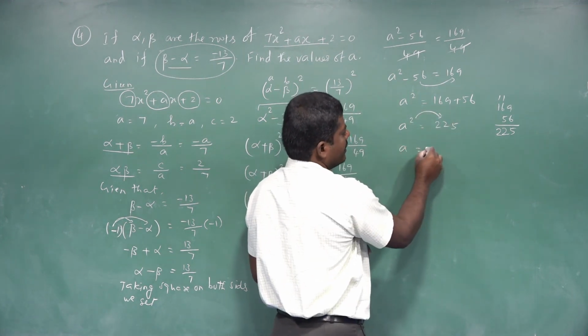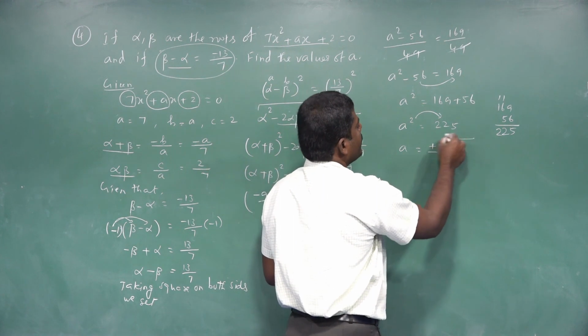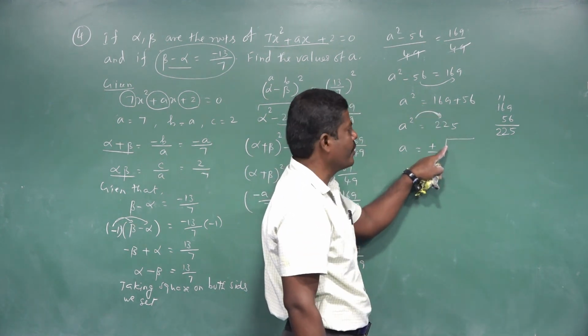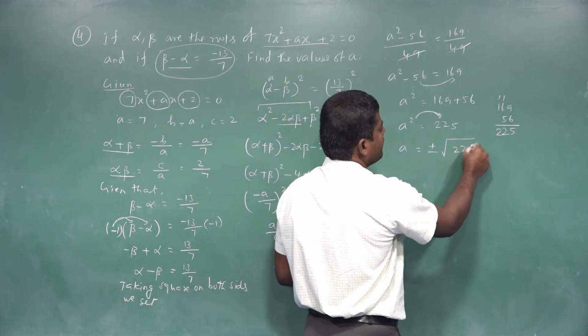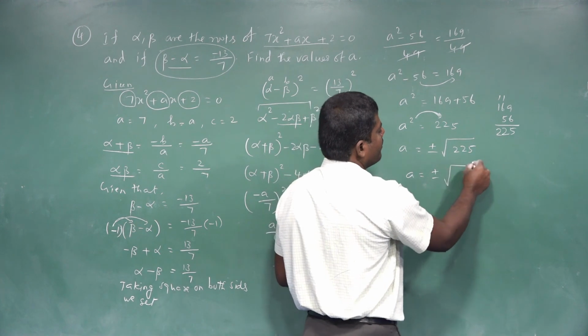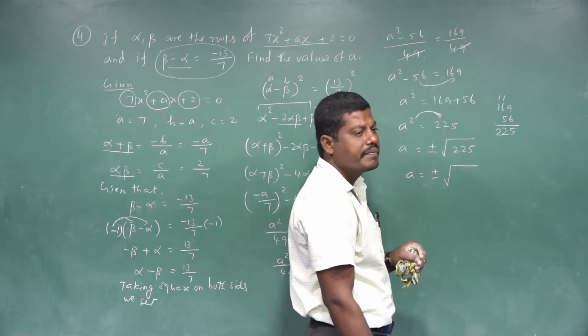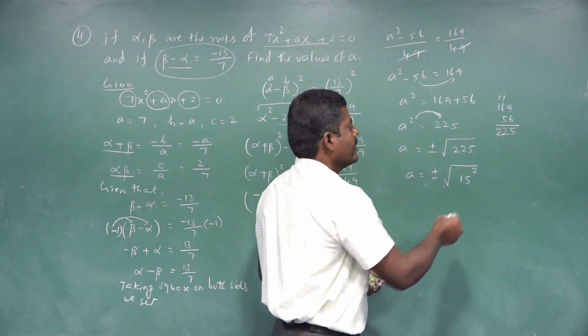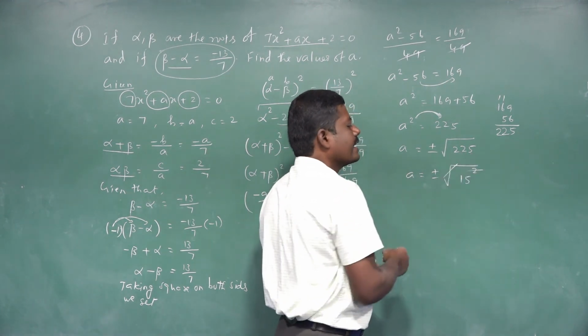A is equal to plus or minus square root of 225. Understand? The square root of 225 is nothing but what? 15 square is 225. Here the square and square root get cancelled.